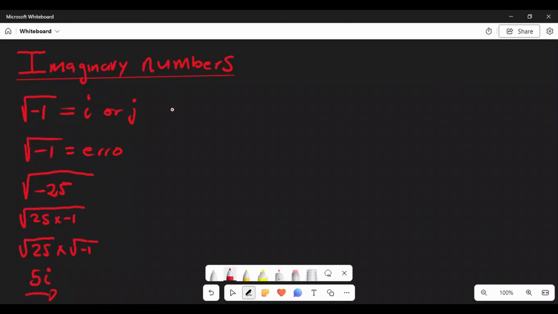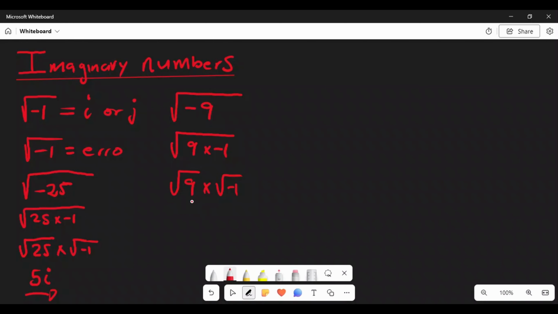Another example could be something like this, where you have negative 9 under the square root. Again, you're going to do it the very same way that we did this negative 25 under the square root. So this is going to be 9 multiplied by negative 1 under the square root.